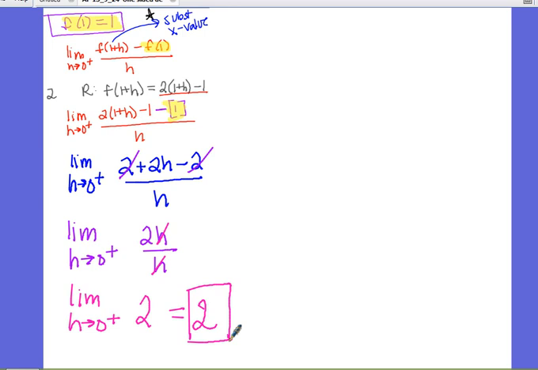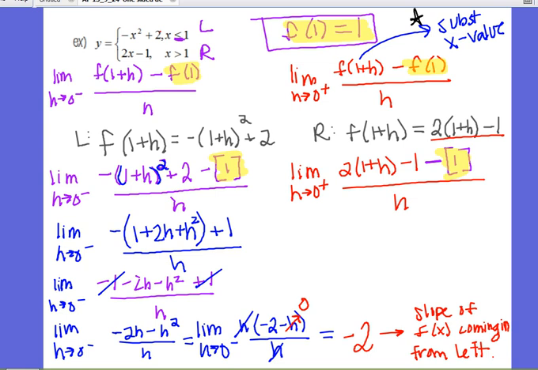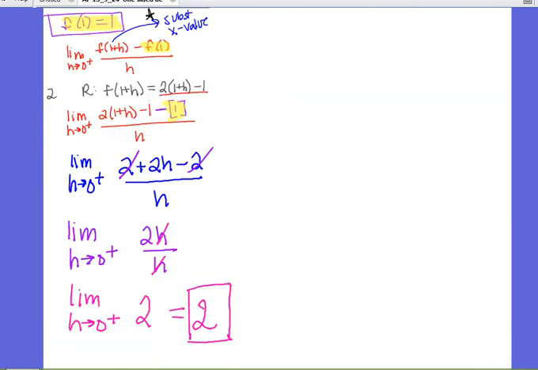Now if you remember, the left side limit was also 2, going back a page. Oh, sorry, it was negative 2. So what do we get? We get the limit as h goes to 0 from the left, and I'm going to actually write out the whole definition so that you see it again.